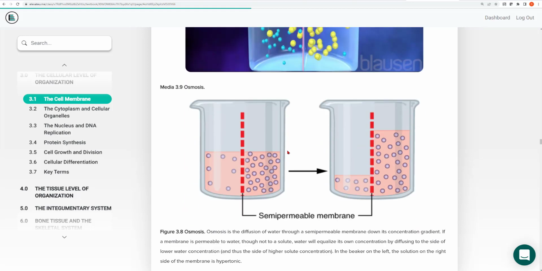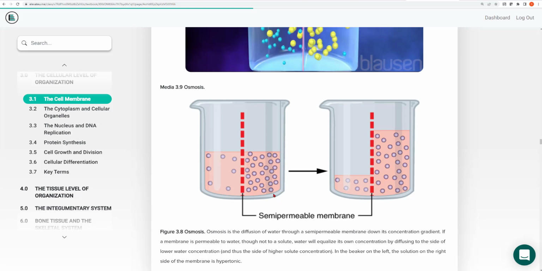So what we have here is a beaker. Imagine that this is a cell membrane, right? This is just a simulation, but we have a fluid on one side of the membrane, a fluid on the other side of the membrane. That fluid is water, and the purple molecules simply represent some sort of solute, okay?